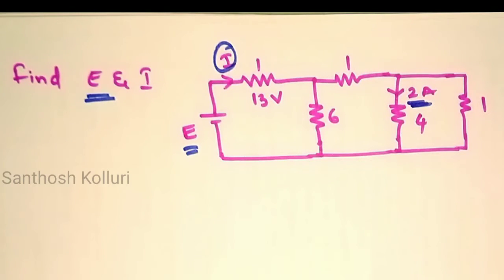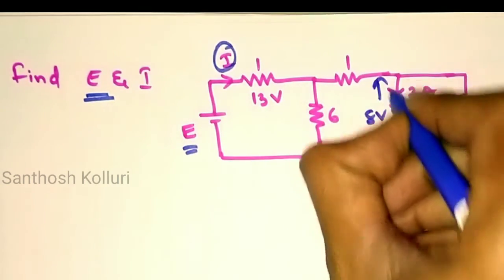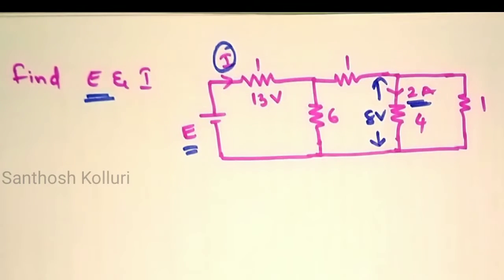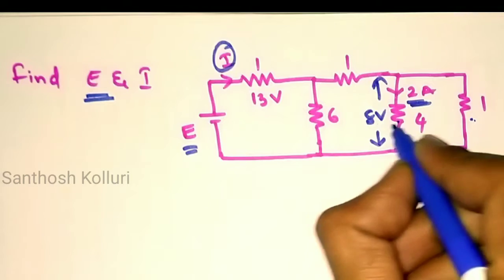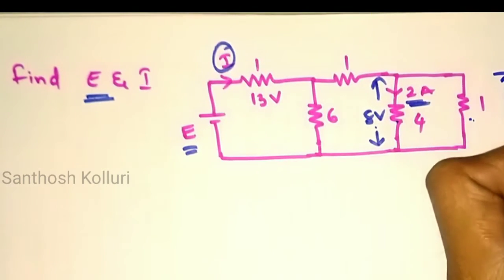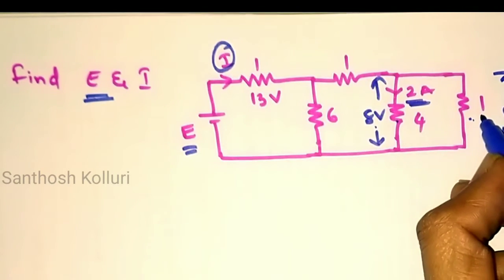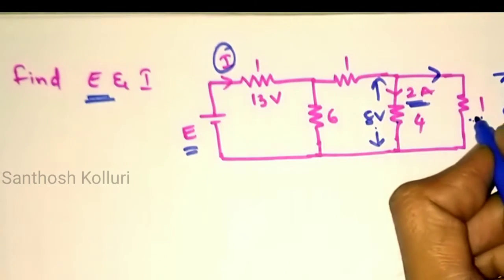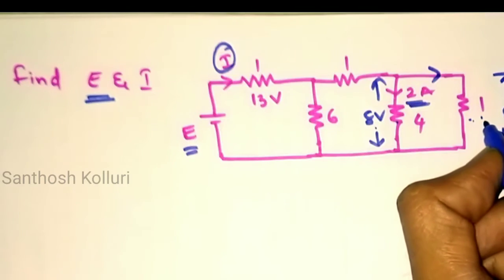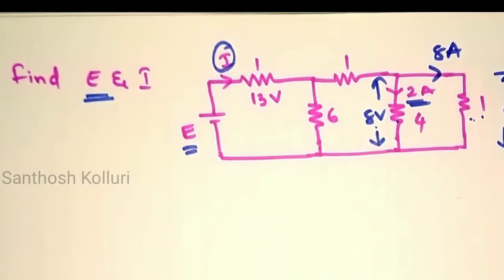If I apply Ohm's law, 4 into 2, 8 volts is there across this 4 ohms. As these two resistors are connected in parallel, this 8 volts also exists across the 1 ohm resistor. So I have the resistor value as well as the voltage value, so I can calculate the current. I is equal to V by R. V is 8 volts, R is 1 ohm. So the current flowing through this branch is 8 amperes.